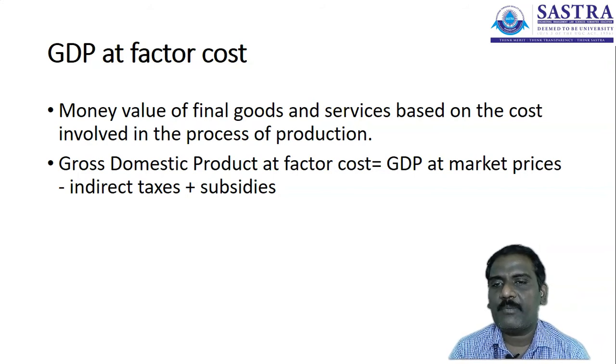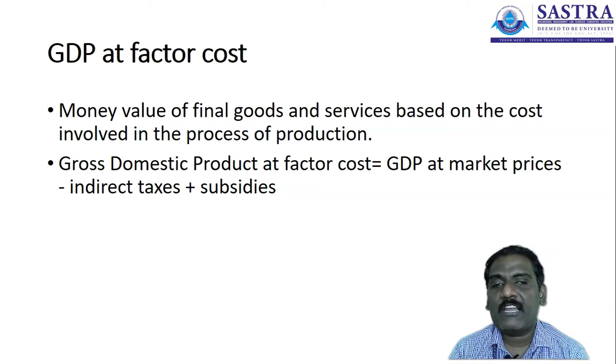It is calculated as the money value of final goods and services, based on the cost involved in the process of production. In the factor cost, we consider the factors deployed for producing that particular good or rendering that particular service. At that cost the GDP is calculated, which is the factor cost calculation of GDP.